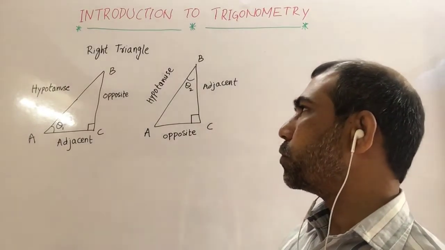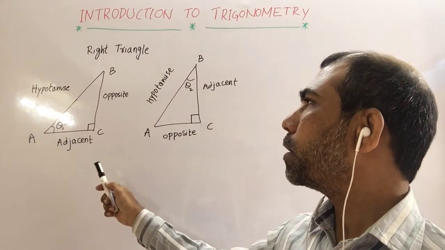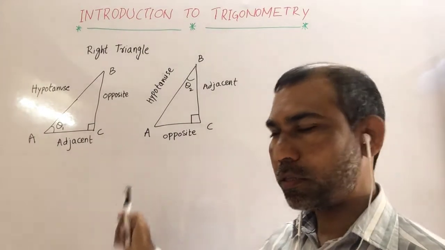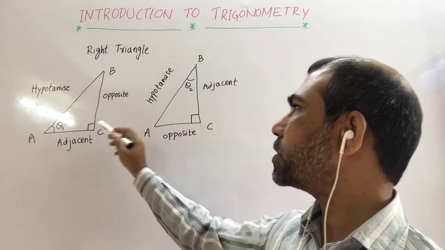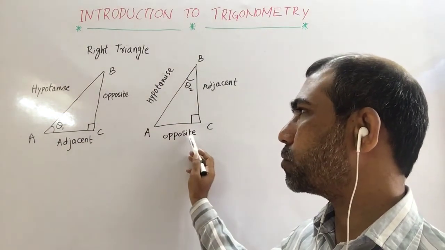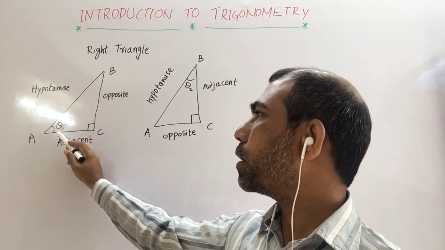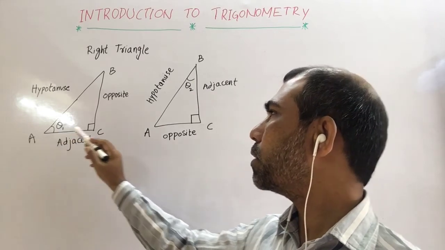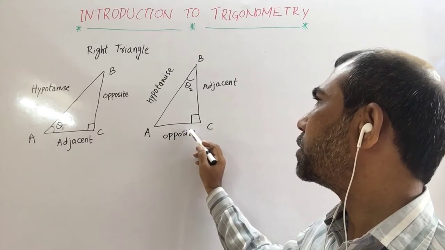So here we have two right triangles, and actually they are both the same triangle. Here is triangle ABC where C is the right angle, and the same replication is here also. Angle A is represented as θ1 and angle B is represented as θ2.